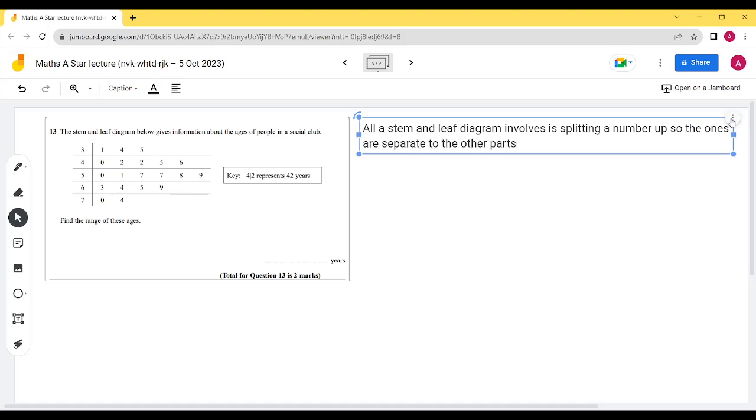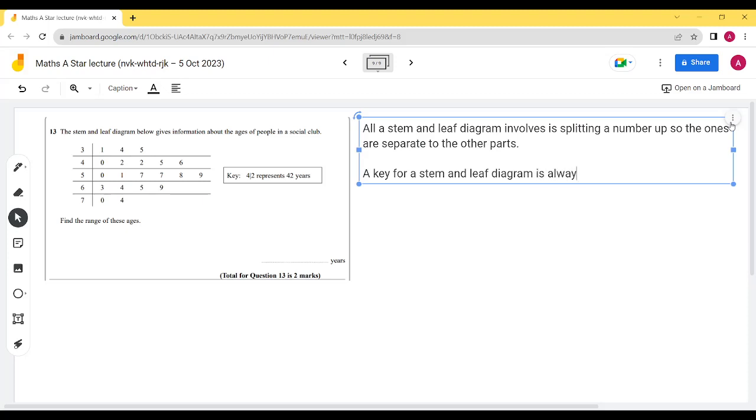And so we can see our key, it says 4, line 2 represents 42. And so a key for a stem and leaf diagram is always written like this.